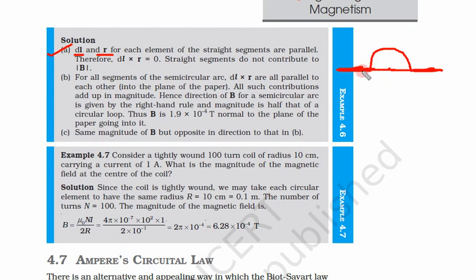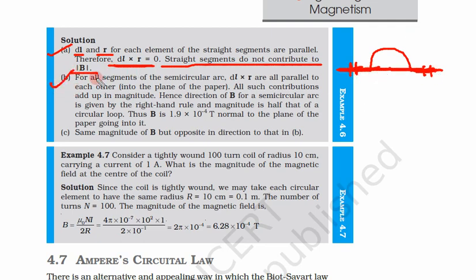Let us say dl is a very small part of this, so dl and r both are in the parallel direction. Same here, dl and r both are in the same direction, so that's why dl cross r will be 0. Straight segments do not contribute to the magnetic field, because for straight segments dl and r both are in the same direction.